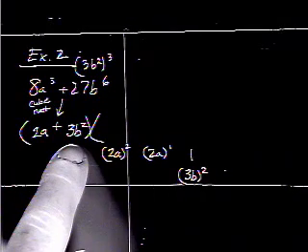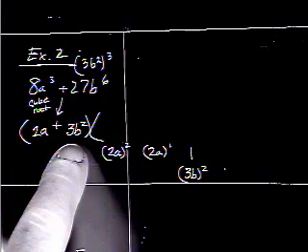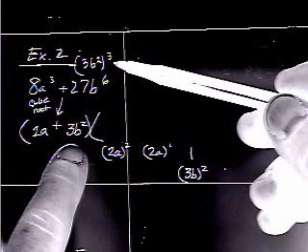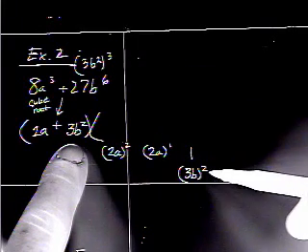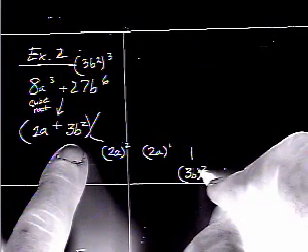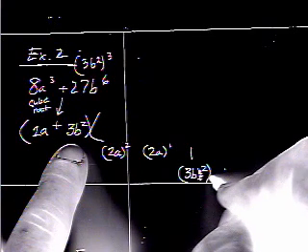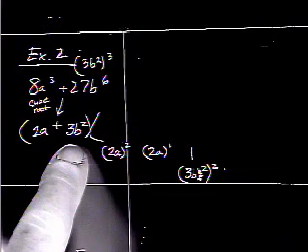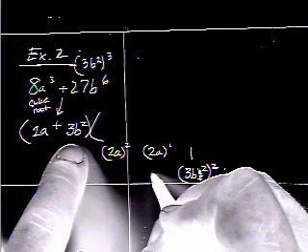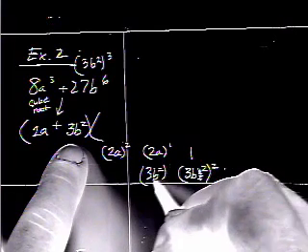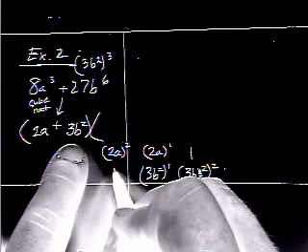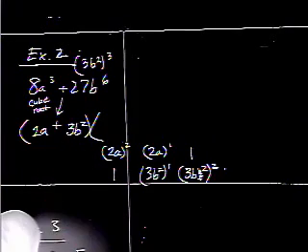That's really what I was dealing with. So 3b squared, sorry, put my parenthesis in the wrong spot, squared, 3b squared to the first, 3b squared to the 0.